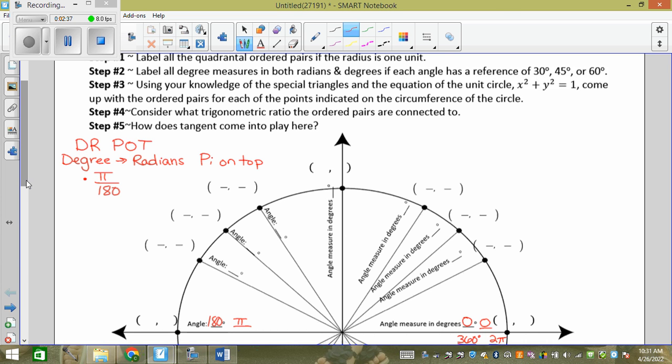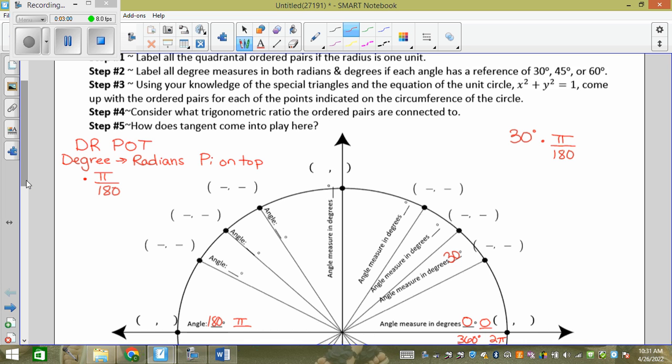So for this one, it's 30 degrees. We're going 30 degrees and multiplying it by pi over 180. Now, if I put a pi in, will I ever get a fraction back out? No. Pi is a non-terminating, non-repeating decimal, 3.14159 and so on.